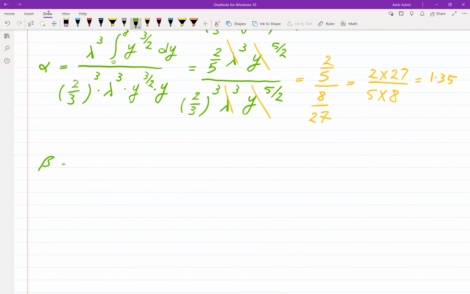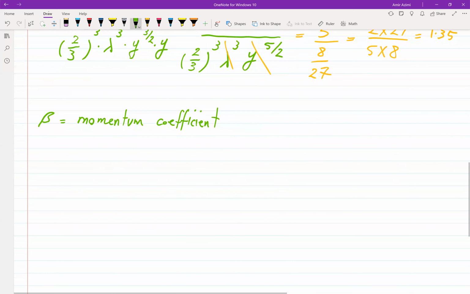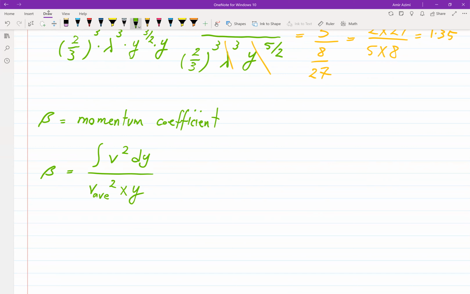So beta is the momentum coefficient. And the expression for the momentum coefficient is beta equal to integration of V square dy divided by V average square times y.